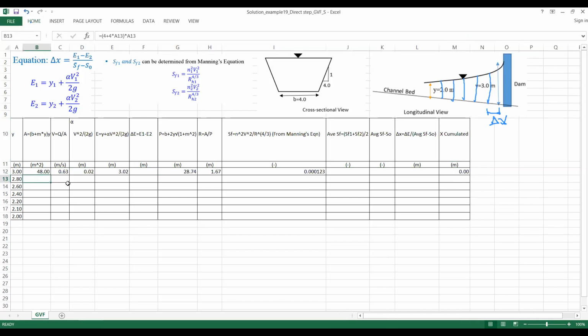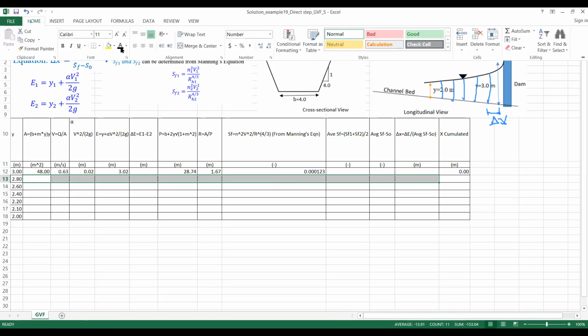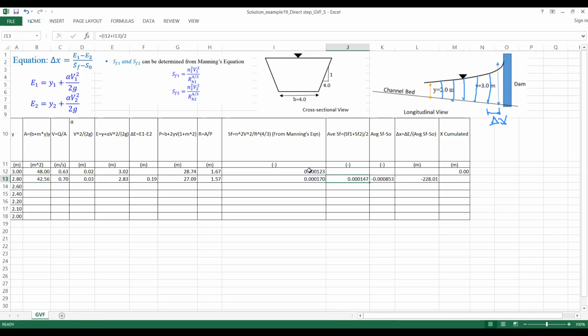Similarly, we can do the same calculation for 2.8, this section. Now you see we have average SF, which is the average of this one and this one. So for section 3 and section 2.8, that is the average, and we got delta X. You may ask one question: why are we having the negative delta X?